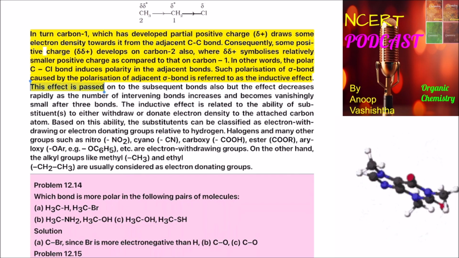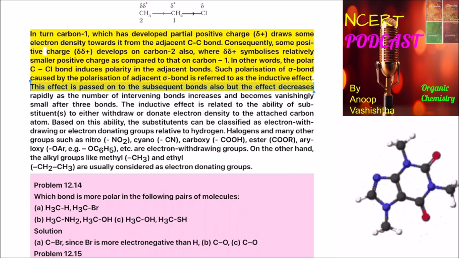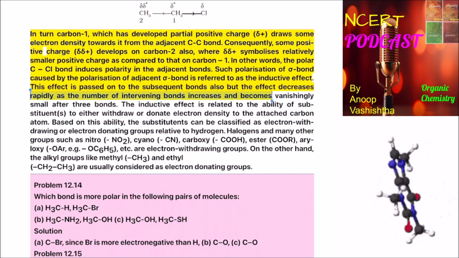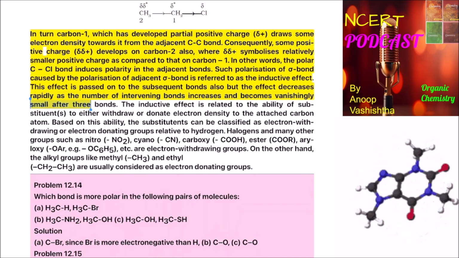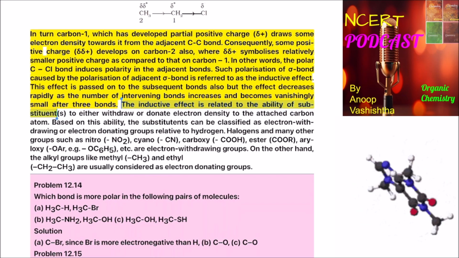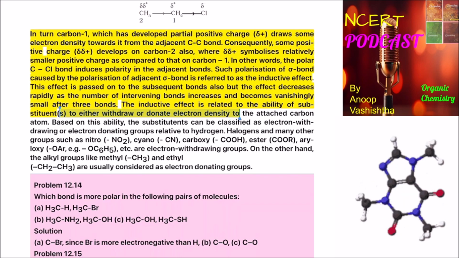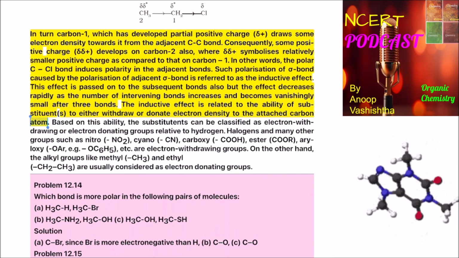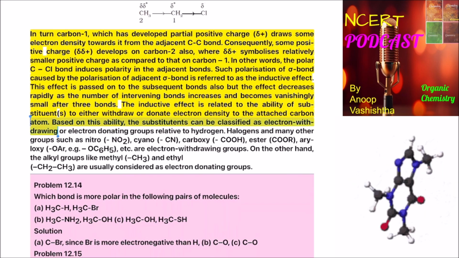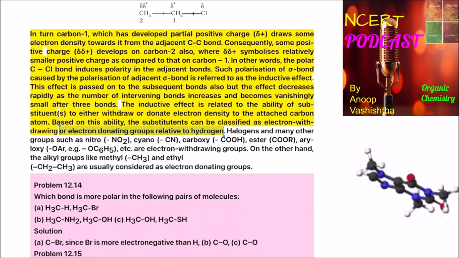This effect is passed on to the subsequent bonds also, but the effect decreases rapidly as the number of intervening bonds increases and becomes vanishingly small after 3 bonds. The inductive effect is related to the ability of substituents to either withdraw or donate electron density to the attached carbon atom. Based on this ability, the substituents can be classified as electron withdrawing or electron donating groups relative to hydrogen.